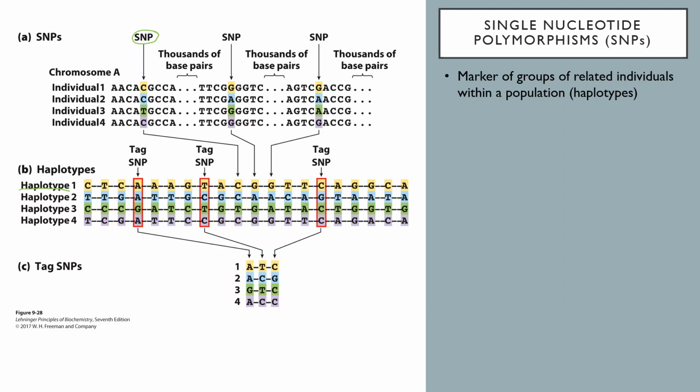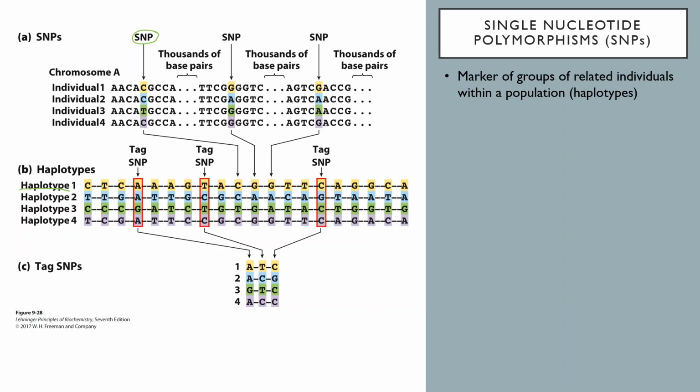And usually when someone's studying populations, especially human populations, of course there are lots of SNPs in the genome, and although genome sequencing is cheaper and faster than it used to be, it's still pretty costly to sequence large numbers of genomes.